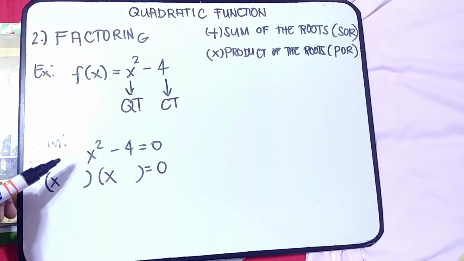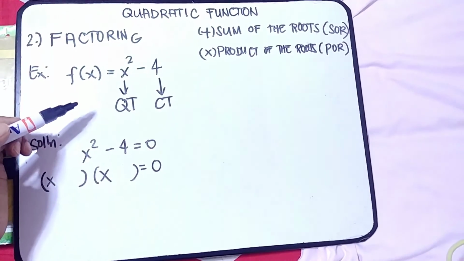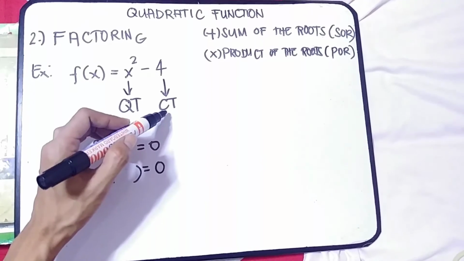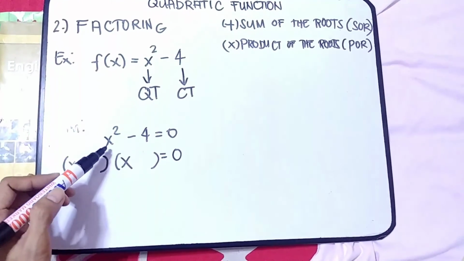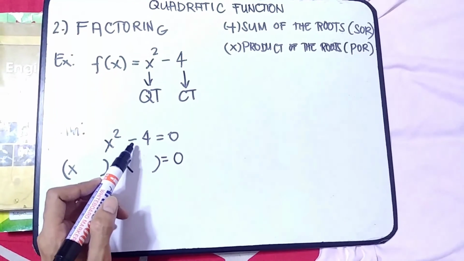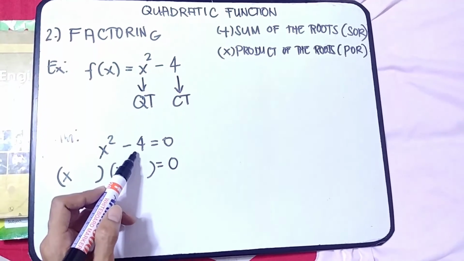Always take note, once linear term is missing, and only quadratic term and constant term are present, and by considering this equation x squared minus 4 equals 0, just observe the sign of the constant term.